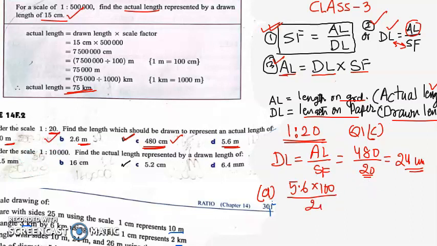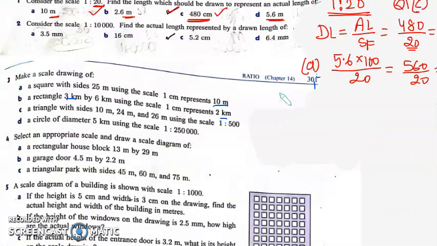So that becomes 560 by 20, which is, after cancelling, 28 centimeter. Now we will move to question 2.